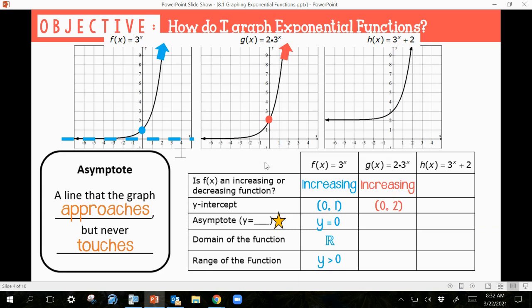Now for the asymptote, where does it start flattening off? It again starts flattening off at the x-axis. So if I drew this dotted line right here, it would be again, if you look at the y-axis, at 0. So our asymptote for the second one is y equals 0.